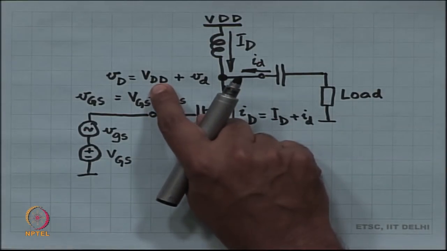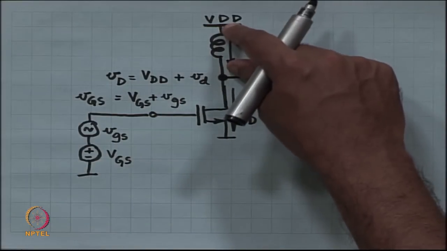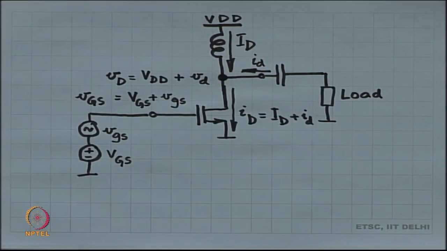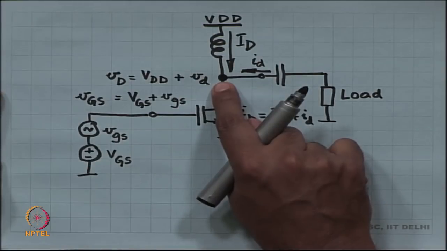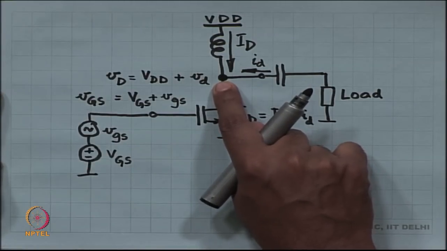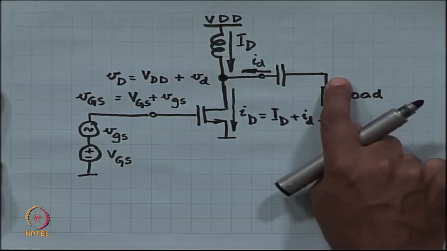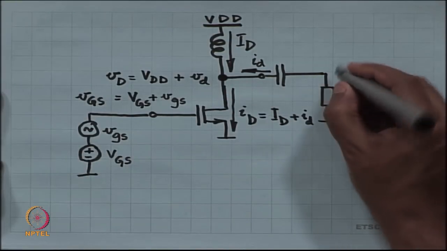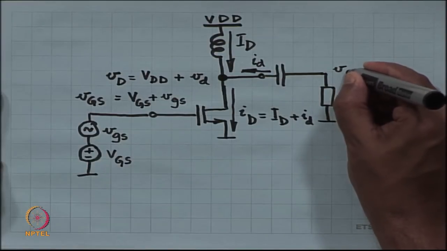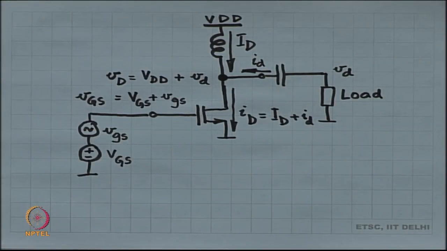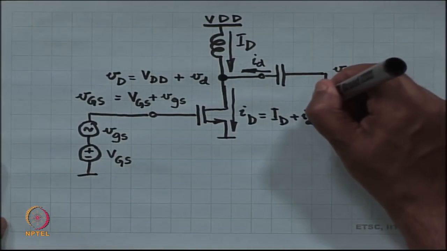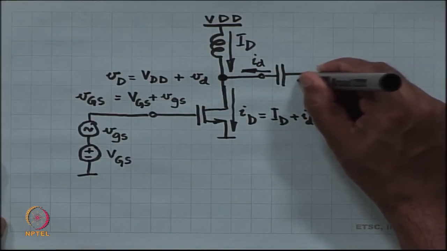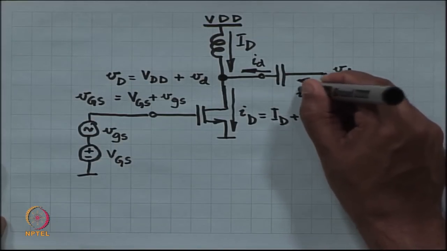As far as the DC is concerned, the inductor is a short circuit, which is perfect, but as far as AC is concerned, that is incremental is concerned, the capacitor is a short circuit and the capacitor is an open circuit for DC, which means the voltage over here is going to be small vd, right. The current through the load is small id.